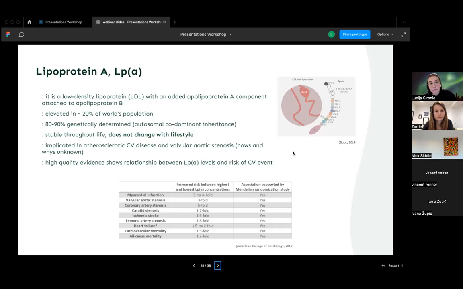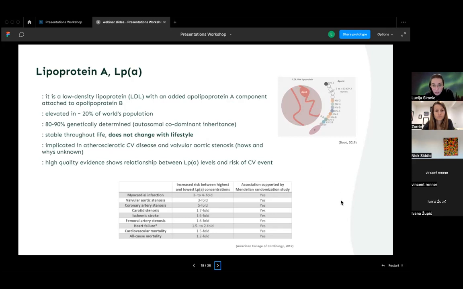In any case, this biomarker seems to be elevated in 20% of the world's population. It is mainly genetically determined. And what's interesting is that it is stable throughout life and does not change with lifestyle, which you can compare to our glycans, which change very much with lifestyles. It is implicated in cardiovascular atherosclerotic disease as well as aortic stenosis.